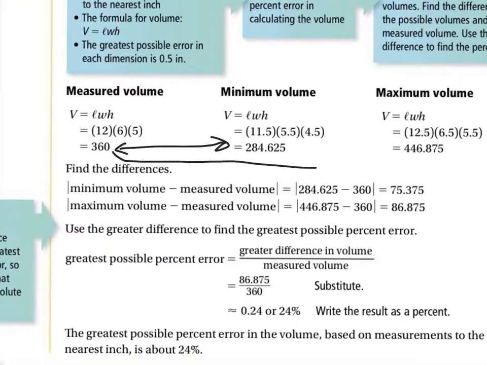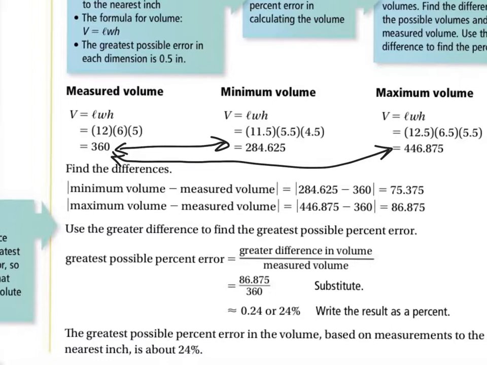The difference between the measured volume and the maximum is 86.875. We're trying to find the greatest possible percent error. So there's more of a difference between the measured and the maximum than between the measured and the minimum. So we're going to use that maximum volume.